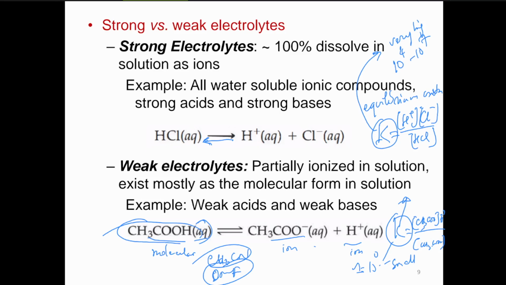You need to understand the interaction of this compound with the solvent, because we have a solvation process, that means the interaction of the solute and the solvent molecules. That solvation will decide the equilibrium constant, and when you have an equilibrium constant value, you will have an idea about strong or weak electrolyte.